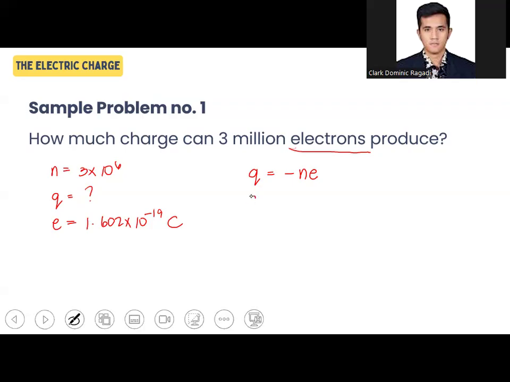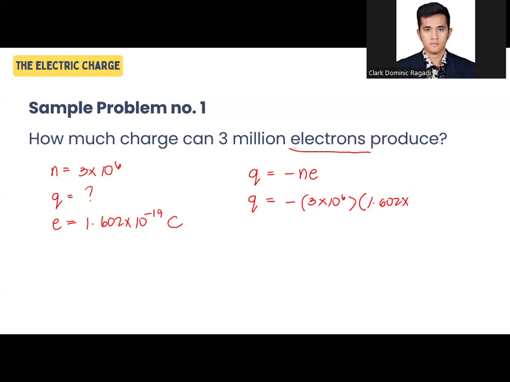Okay, so let's substitute the values. Q is equal to negative 3 times 10 to the power of 6 multiplied by the elementary charge 1.602 times 10 to the power of negative 19. Calculating that, that would yield negative 4.806 times 10 to the power of negative 13 coulombs, or that's equivalent to Q equal to negative 0.4806 picocoulomb.